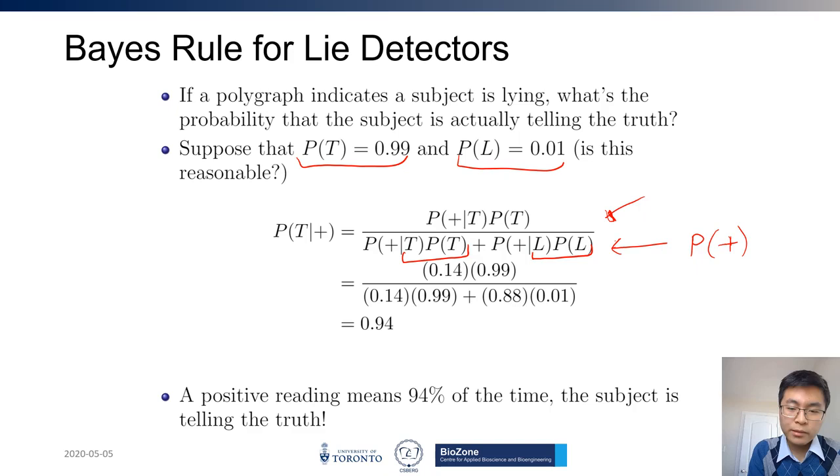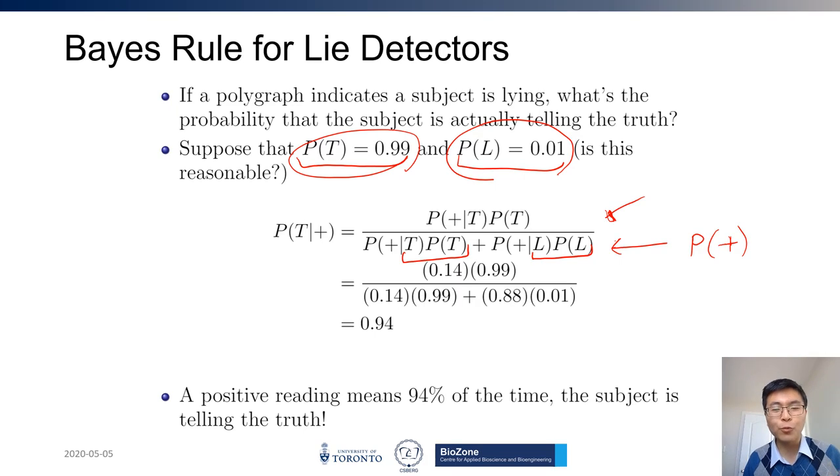Now, before we move on to the calculation, we assume that P of T is 99% and P of L is 1%. Intuitively, that just means we assume that most people won't tell a lie. 99% of people have no reason to tell a lie, and only those people who need to will lie. And that's 1% of the general population.